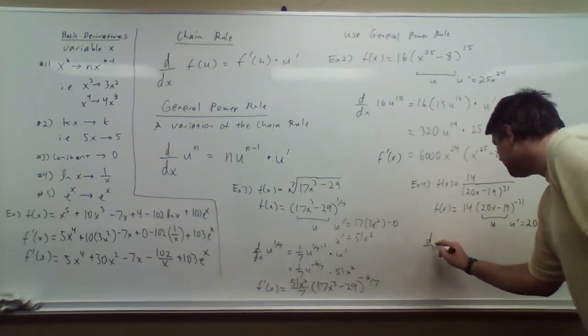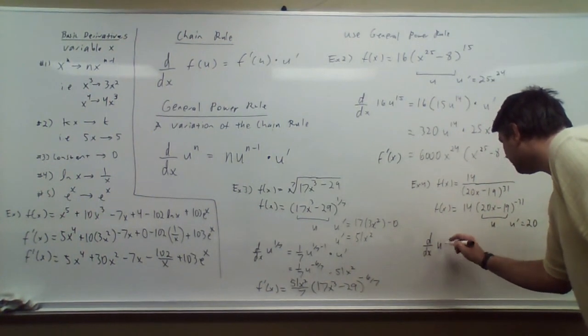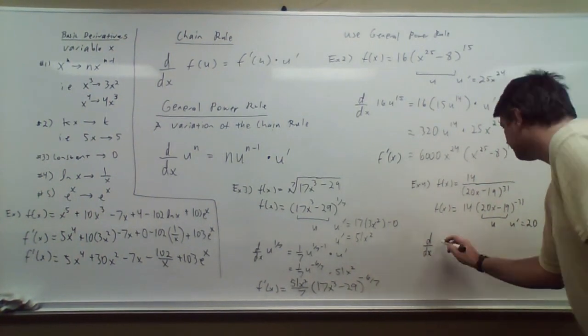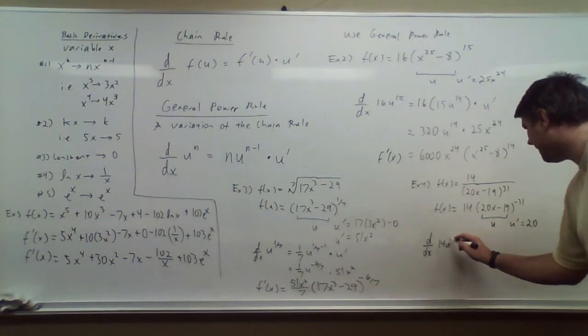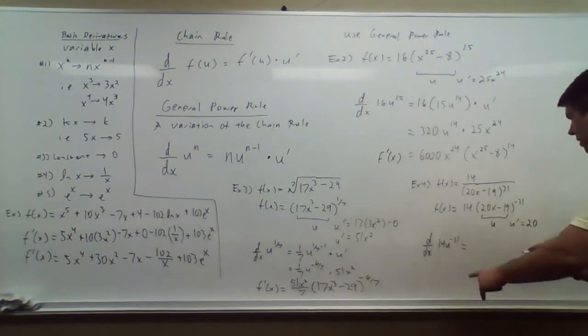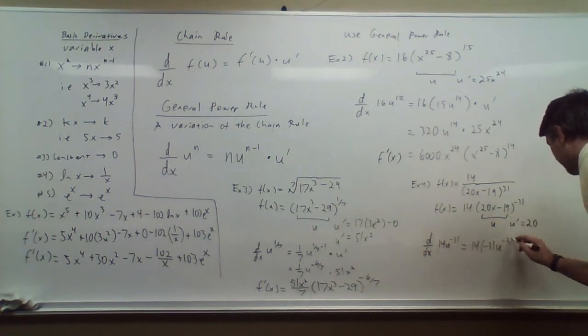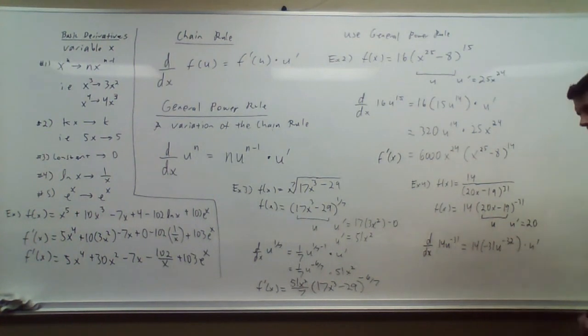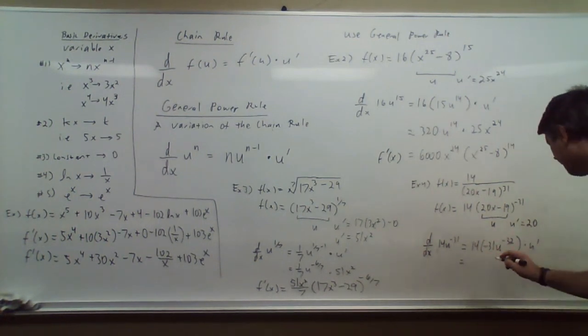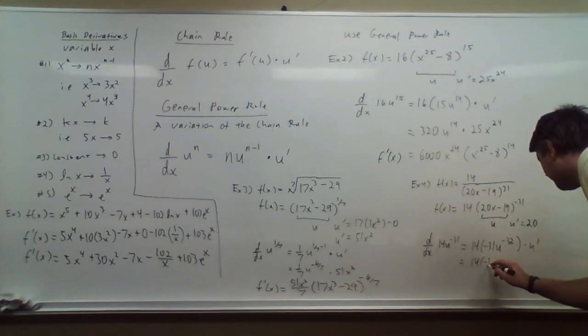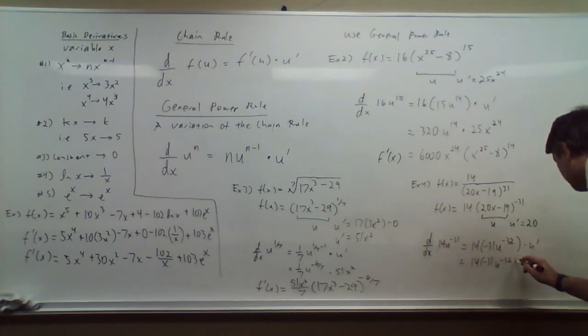So d/dx of 14 u to the negative 31st would be 14 times negative 31 u to the negative 32nd times u prime, so 14 times negative 31 u to the negative 32nd times 20.